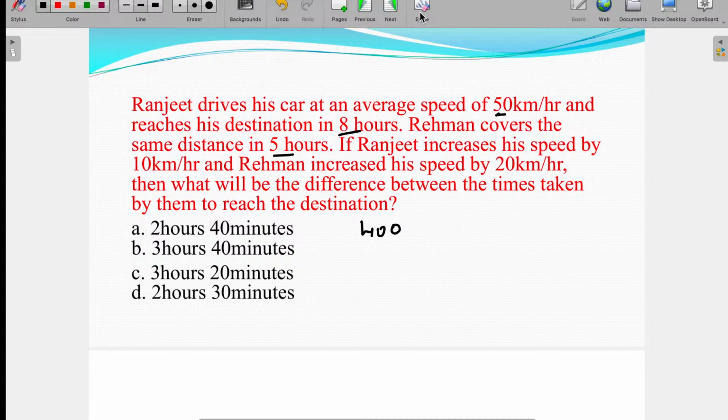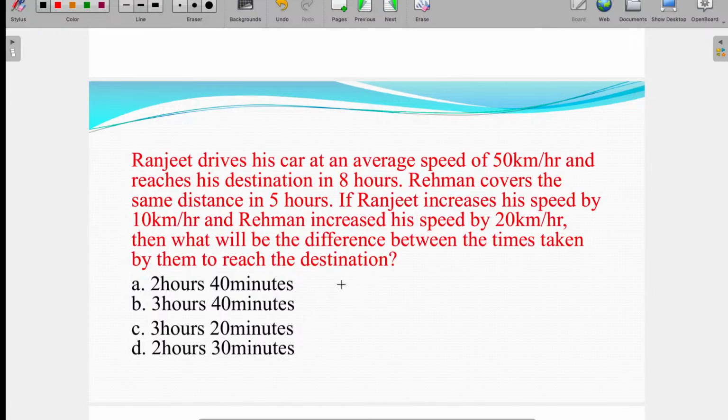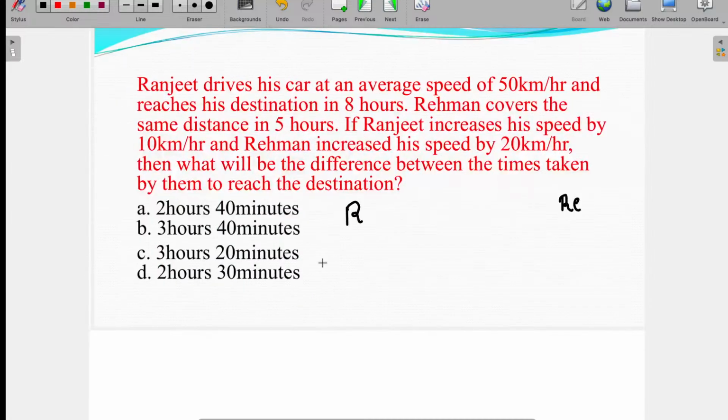I will repeat once again. See, first statement, Ranjit. I am talking about Ranjit first, then we'll talk about Rahman. Here I will write both equations: distance, speed, time. According to the first equation, I know the speed of Ranjit, I know the time.